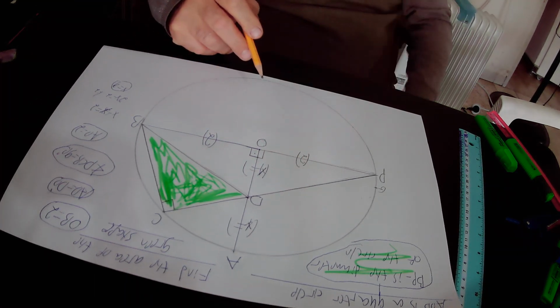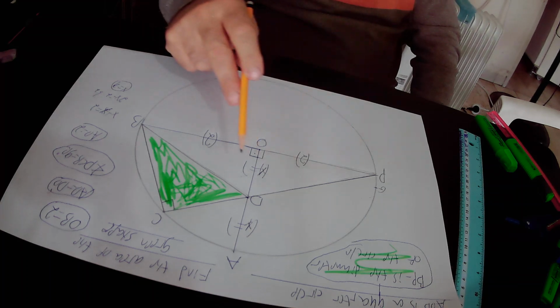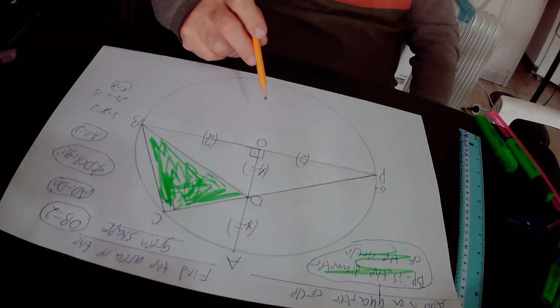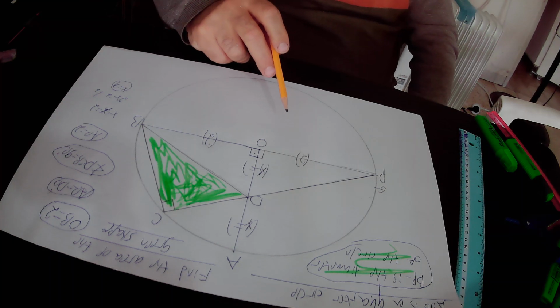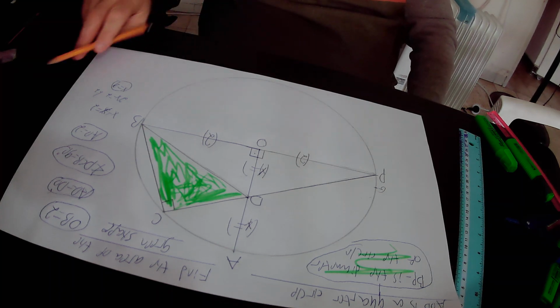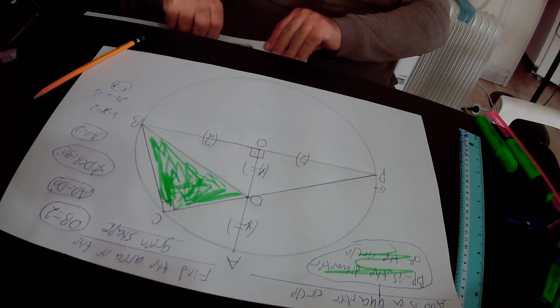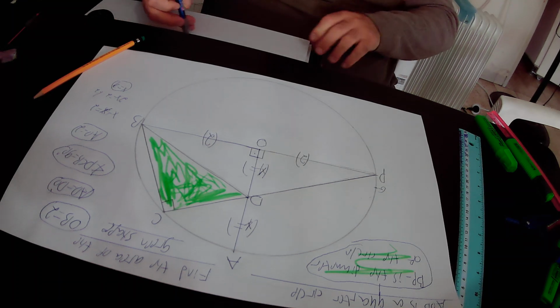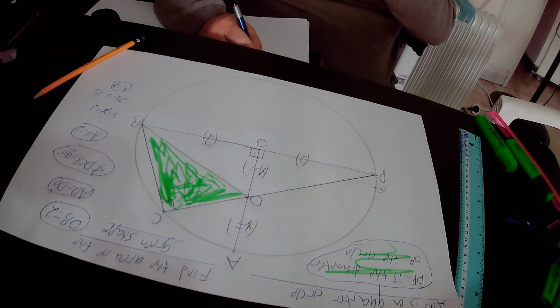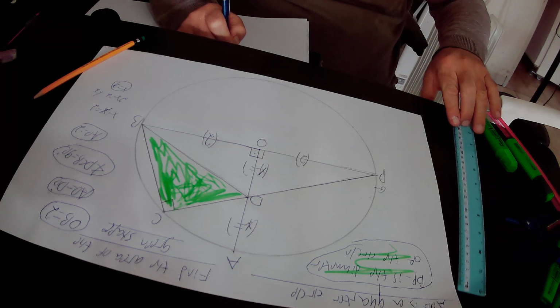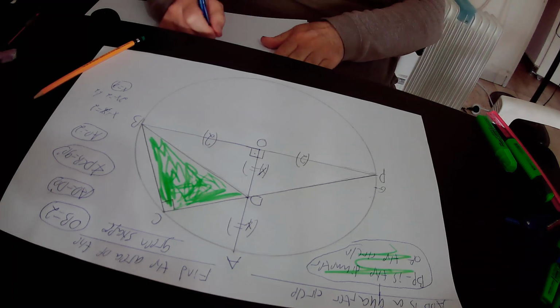In the next step, I'll copy the right triangle PDO into a new page, and we'll implement the Pythagoras theorem on this right triangle PDO. According to the Pythagoras theorem, in any right triangle, the square of the hypotenuse equals the sum of the squares of the perpendiculars.